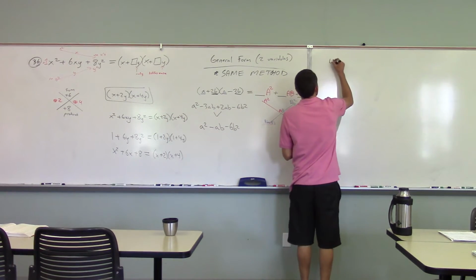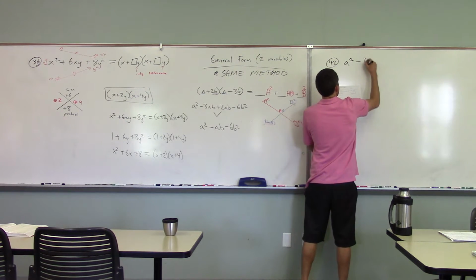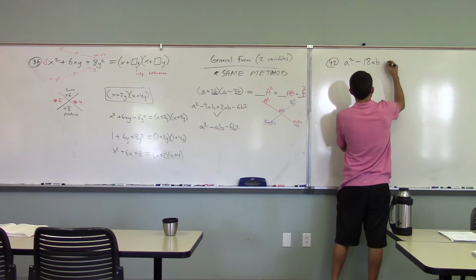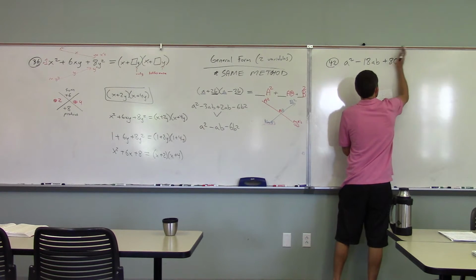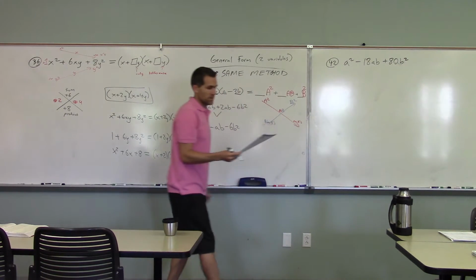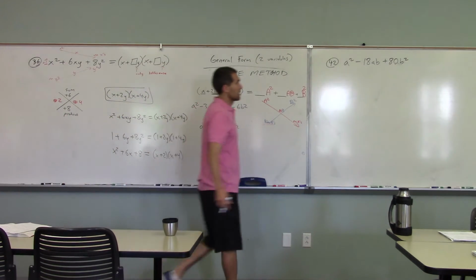Okay, here's 42. So 42 is a squared minus 18ab plus 80b squared. So what's our general form going to look like?